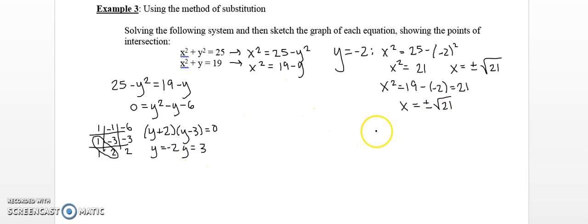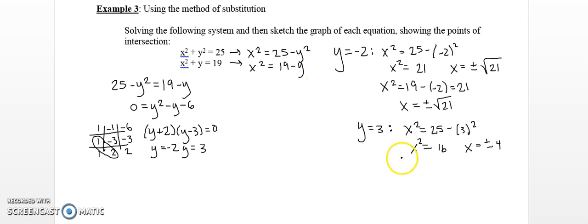All right, let's try when y is 3. So when y is 3, first one, x squared is 25 minus 3 squared. 3 squared is 9, so 25 minus 9 is 16. x squared is 16, so x is either positive or negative 4.